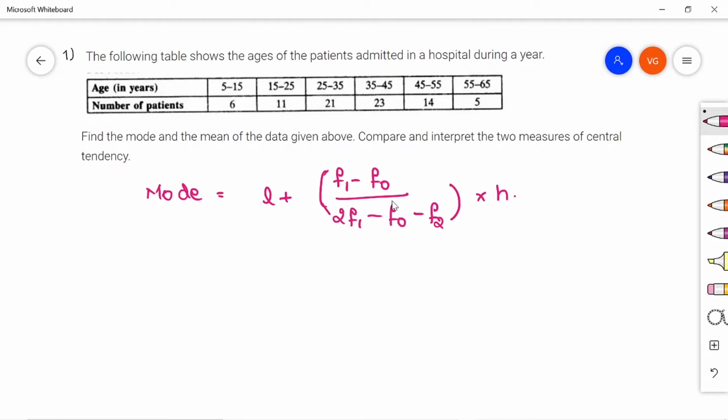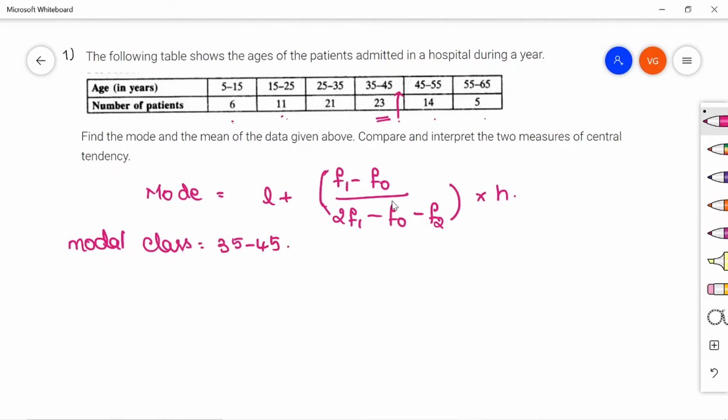Compare the frequencies they have given: 6, 11, 21, 23, 14 and 5. Out of these, 23 is the maximum frequency, so the corresponding class is the modal class. The modal class here is 35 to 45.